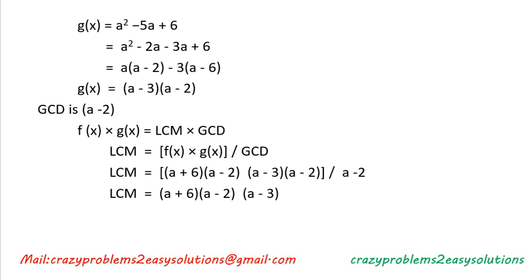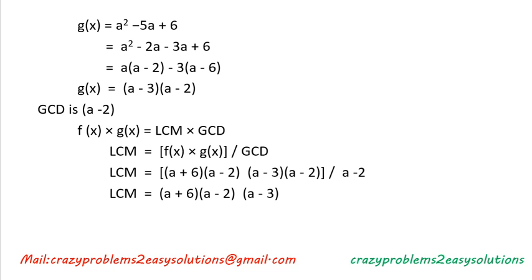Now the relationship between the GCD and LCM: the product of the two polynomials, f of x into g of x, equals LCM into GCD. To find the LCM, we keep it on one side and move the rest to the other side, so it becomes division. So LCM equals f of x into g of x divided by GCD.